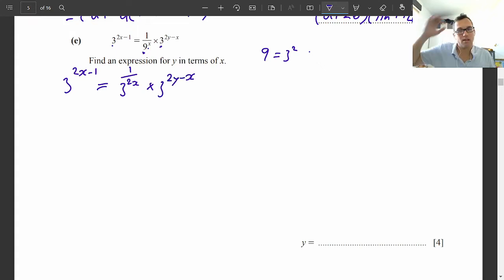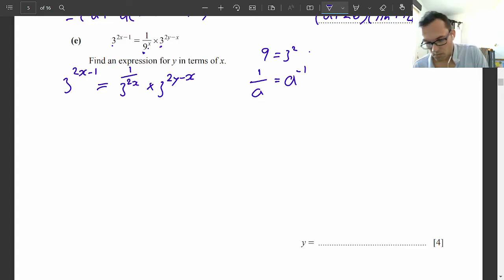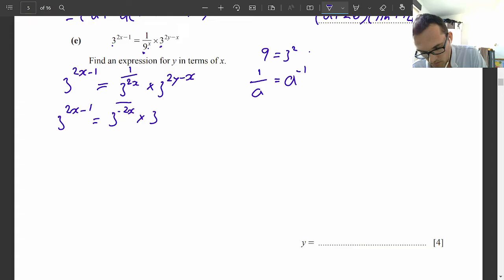Then we want to get rid of the fractions. So remember, there's a rule of indices that if you've got a denominator, you can write it to the power of a negative. So that's what we're going to do. We're going to have 2x minus 1 equals, and this 3 to the power of 2x, we can write as 3 to the power of minus 2x, and then we don't have any more fractions.